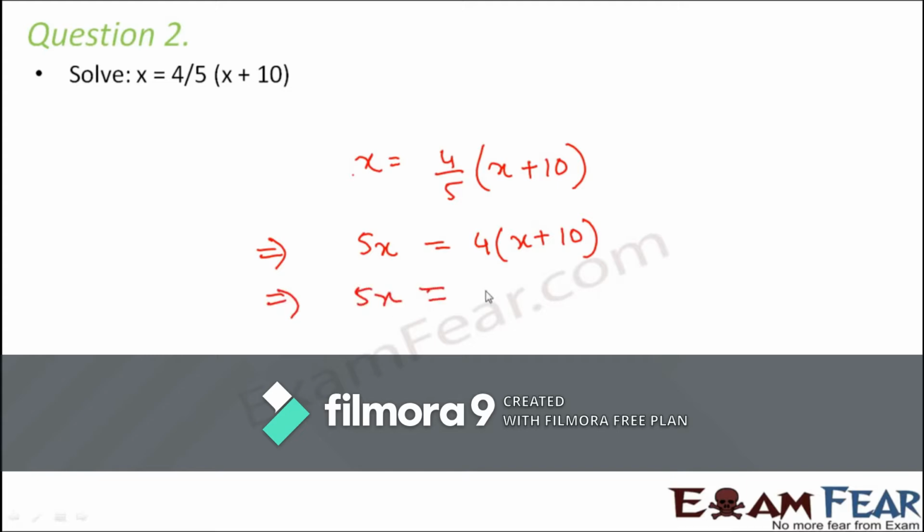Now we will follow the same approach. Let us first find the variable and the constant terms separately. Like here we have 4x and plus 40. Now let's bring the variables on one side and the constant on the other. So we get x is equal to 40.